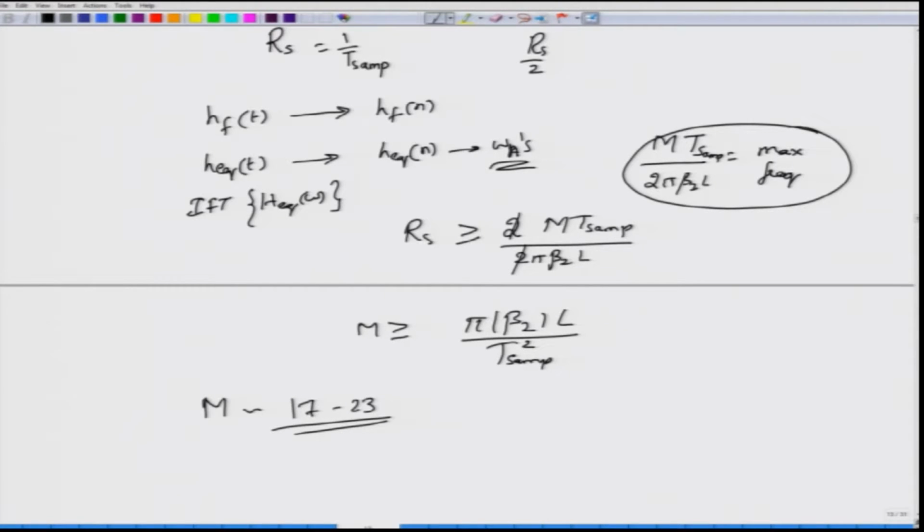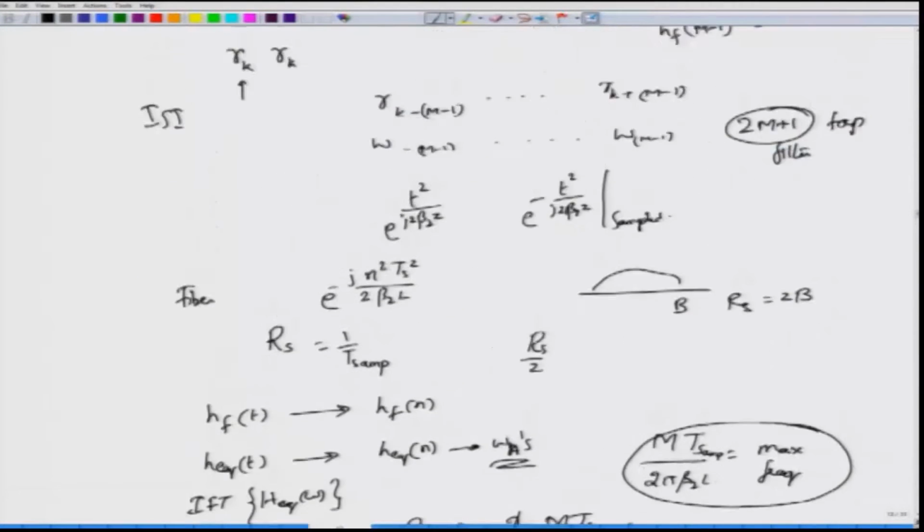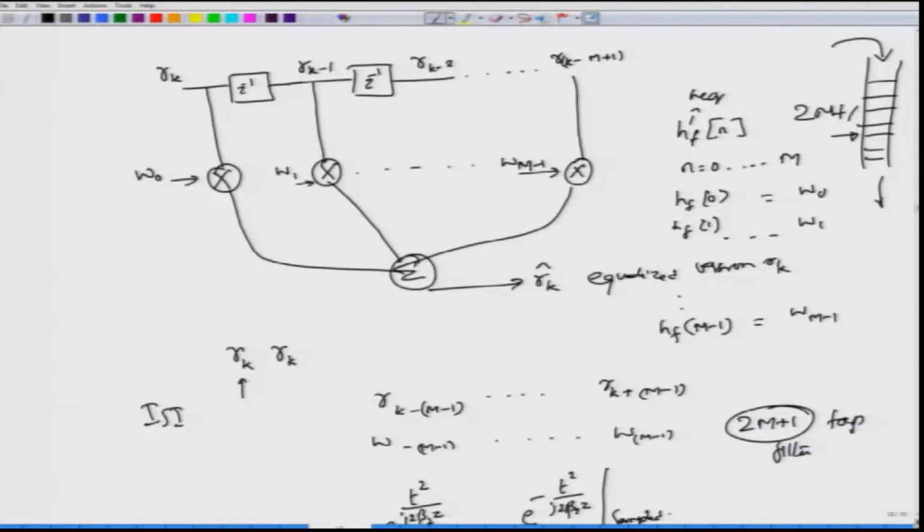Okay. So, once you have done that, you replace all the W n's by H equalizer of n values, okay, and after you have done this replacement, you go back to this transfer function here and you feed in all the received RK values into this filter, and you are going to get the output RK, which is an equalized version. There is an important point here.